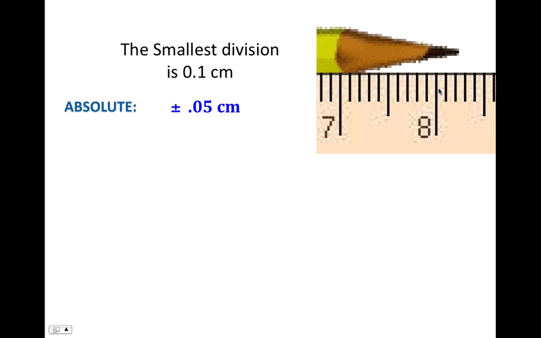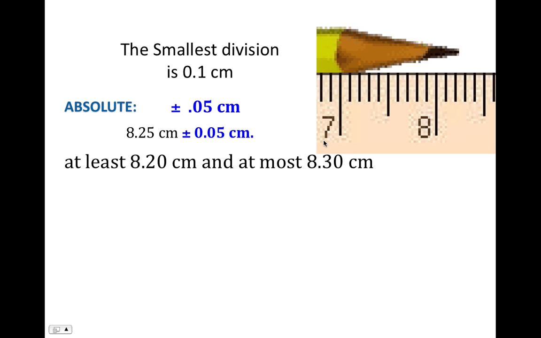So our measurement would be maybe 8.25 plus or minus 0.05 centimeters, which means that the length of the pencil can be at least 8.20 centimeters and at most 8.30 centimeters. Did I add that right? Oh, actually it would be, yep, 8.3.